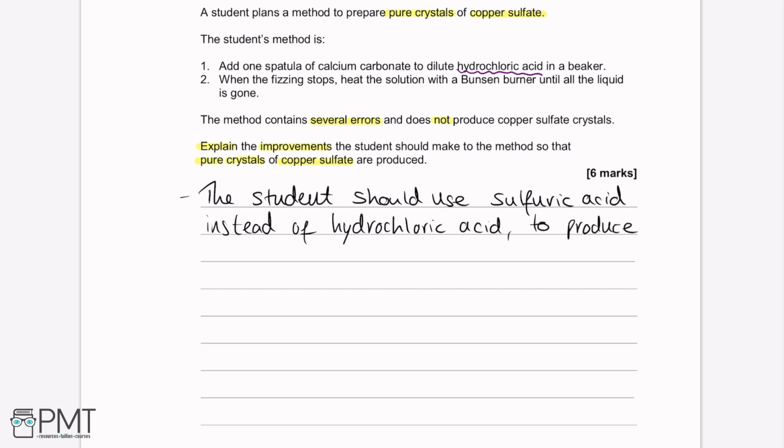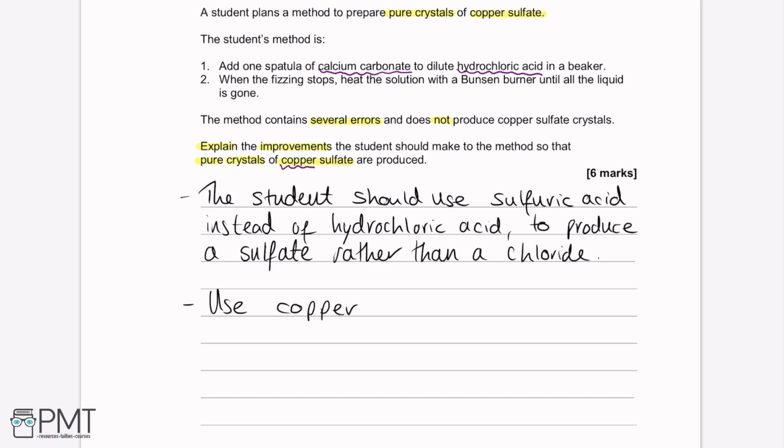And because sulfuric acid is H2SO4, and an SO4 2- ion is a sulfate ion, we need the sulfuric acid to produce a sulfate rather than a chloride, which is what would be formed with hydrochloric acid. Now, the student is also using calcium carbonate solid, but wants to make copper sulfate crystals. So the student should have used copper carbonate instead of calcium carbonate.